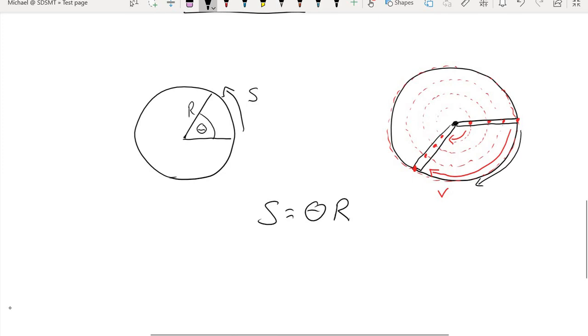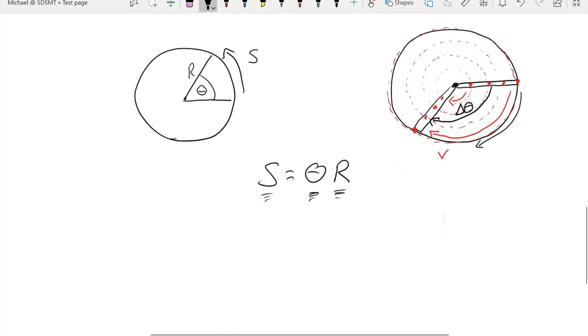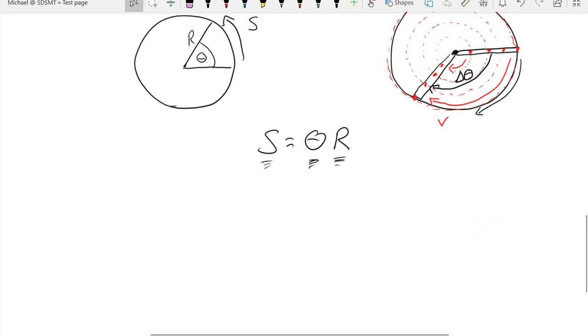Every one of these points on the meter stick has exactly the same angular displacement that they have to pass through. So theta is the same for all of the points, but because each point is at a slightly different radial value, each of those points is going to have a different physical distance that it has to travel. And thus the farther out on the meter stick, the further the distance that has to be traveled.